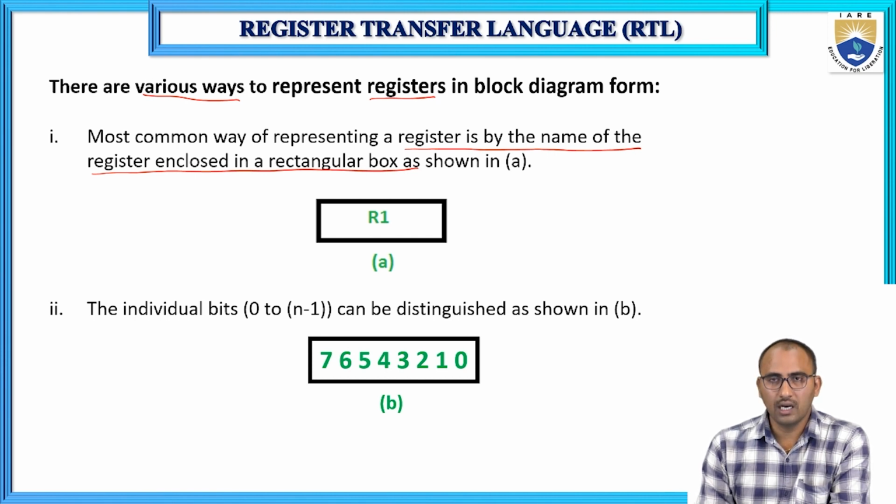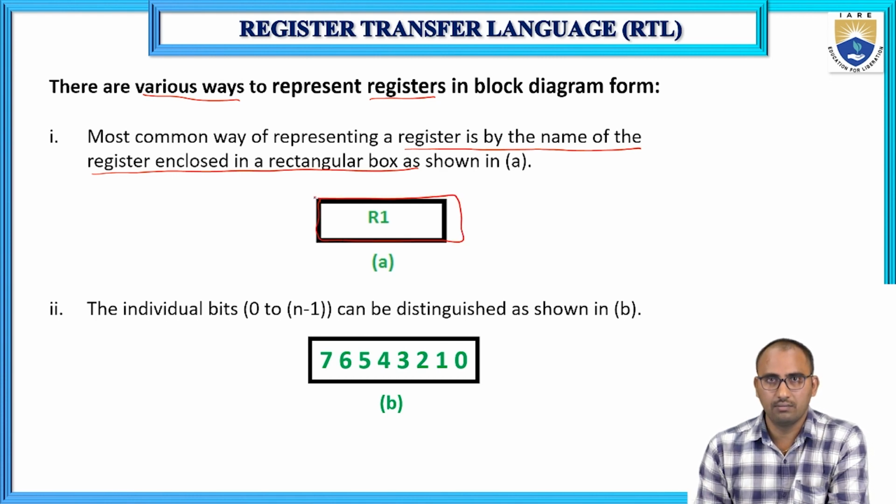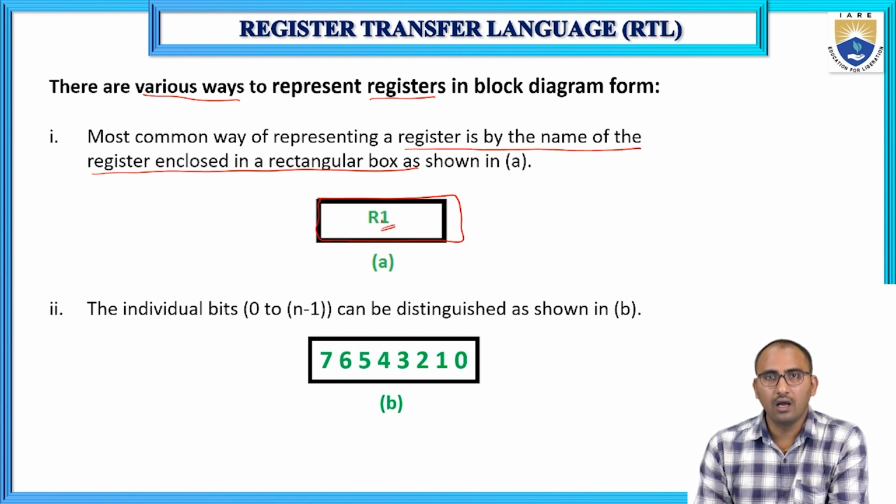So we use a rectangular box to represent the register, and we specify the name of that register inside that box. Here we have specified R1, so the name of the register is R1. This is the first way of specifying the register.